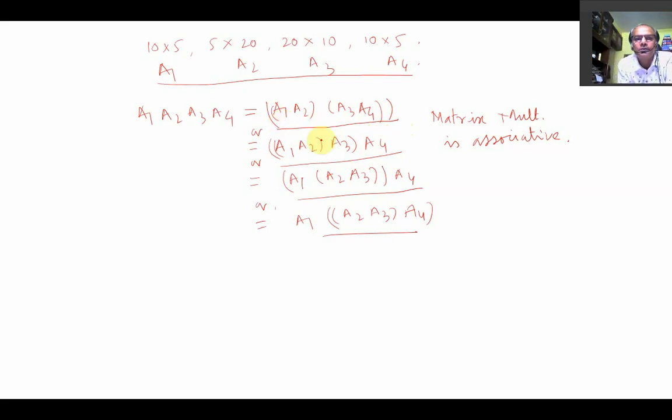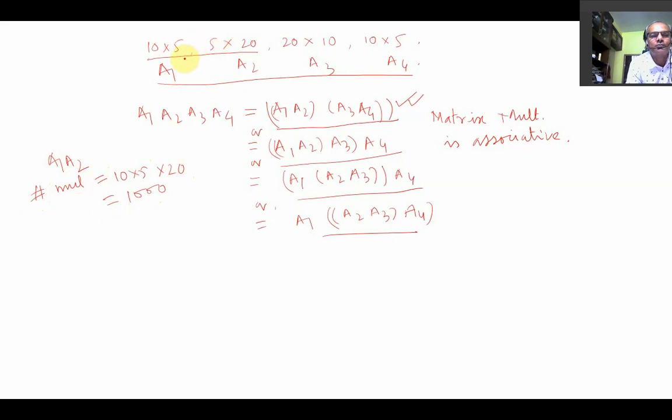First thing, how many multiplications are needed for this calculation? If first you do A1 into A2, how many multiplications will be needed for A1 A2? Number of multiplications is equal to 10 into 5 into 20, right? That is 1000. All of you know about this.